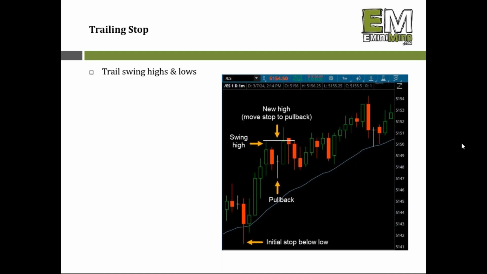And then not only does that lock in a little profit and take off some of the risk, but the most important thing it does is it allows you room to breathe and allows you to stay in the trade long enough to get that winner.